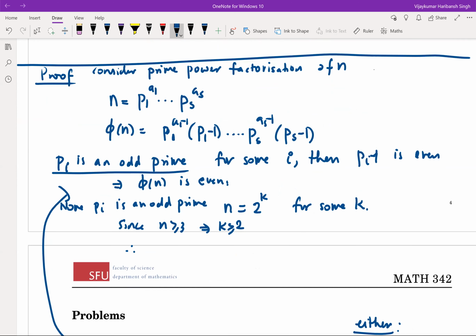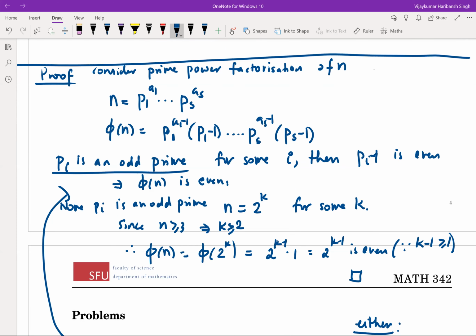So in that case, phi of n is phi of 2 to the power k, which is 2 to the power k minus 1 times 2 minus 1, which is 1, which is even since k minus 1 is greater than or equal to 1, right? So it has a factor of 2. Therefore, it proves your result.